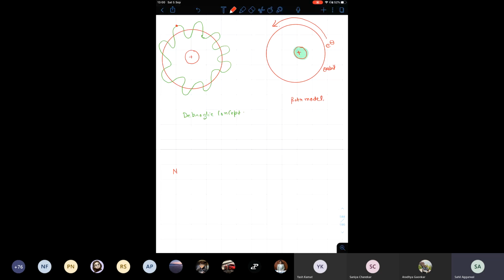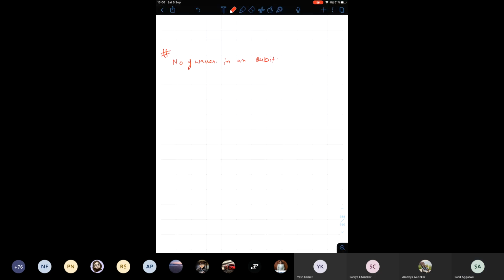Number of waves in an orbit is equal to n of that orbit. n is the number of that orbit.